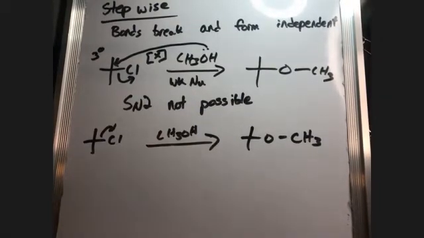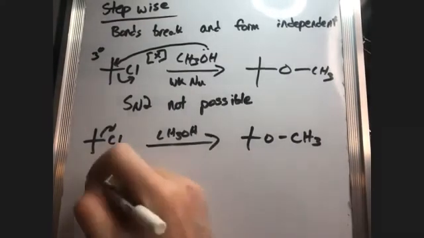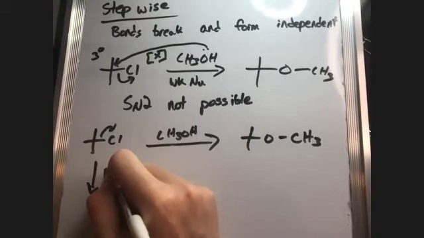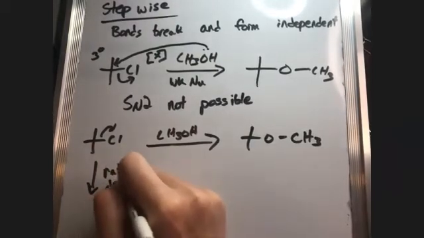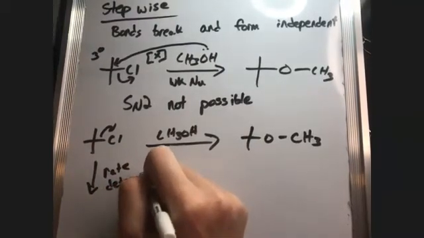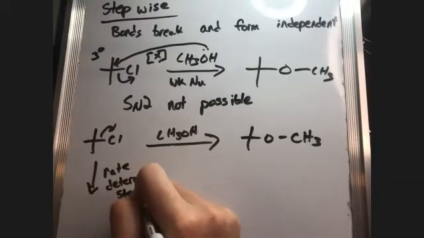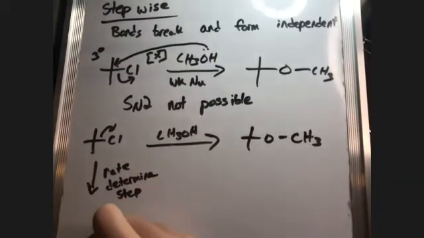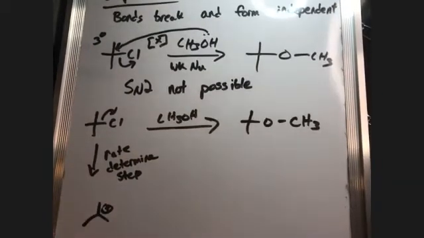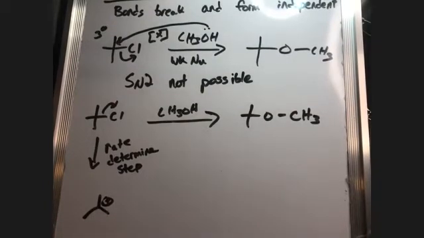And you're absolutely right. There's no driving force for this step, which is why this is the rate determining step. Everything else occurs after this cleavage because now you have a carbocation that doesn't have an octet. So everything else that occurs is just going to happen very quickly since this is very unstable.